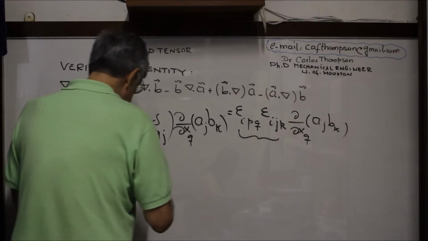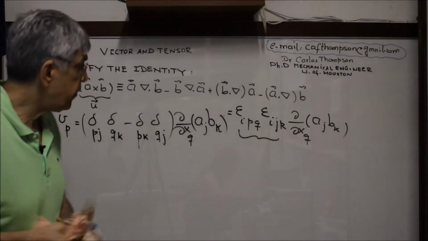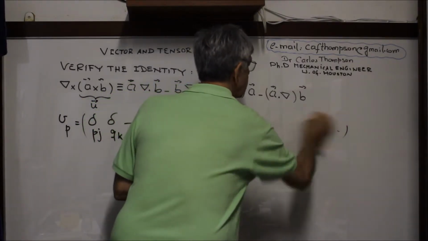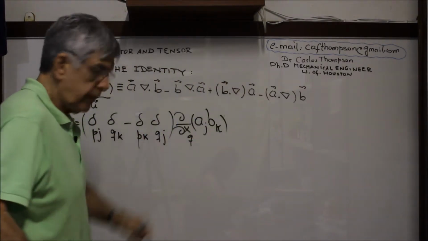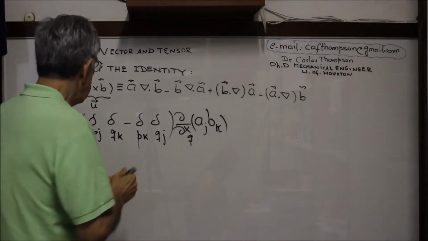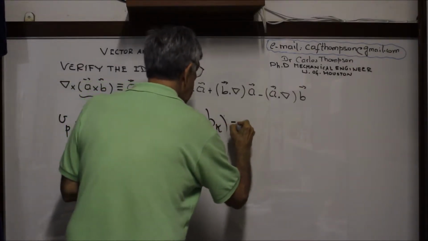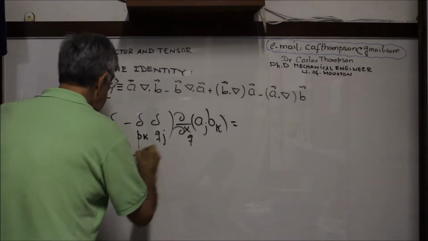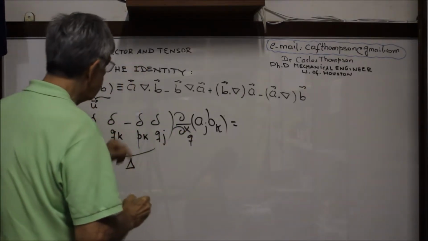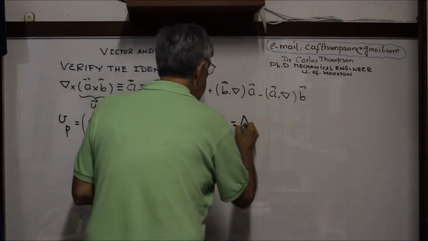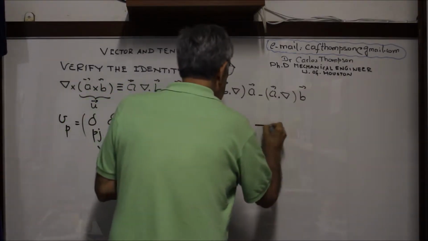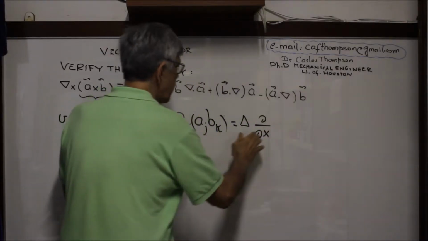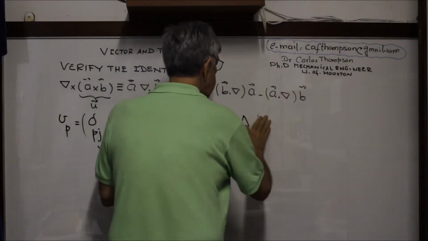Now, if we develop this, this will be, let's call this a big delta, okay? Let's do this. So this will be a big delta. Now, partial with respect to x q, let's put first a j, okay? Let's do here.